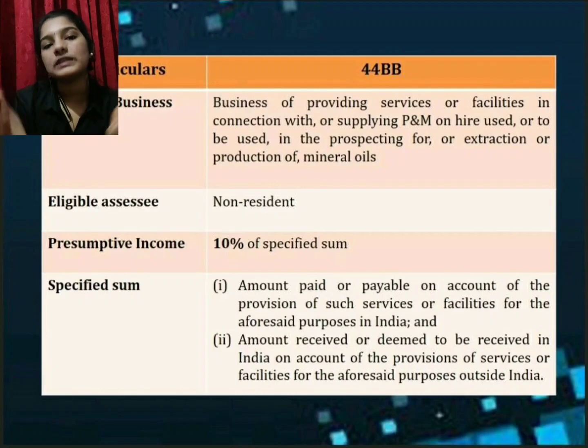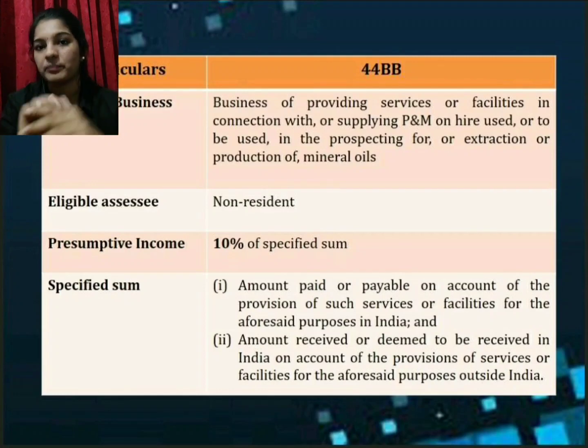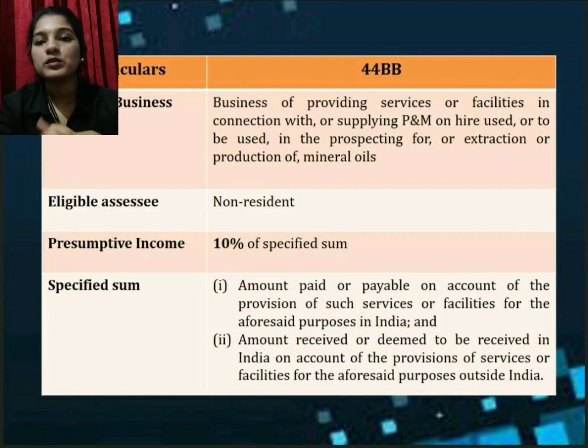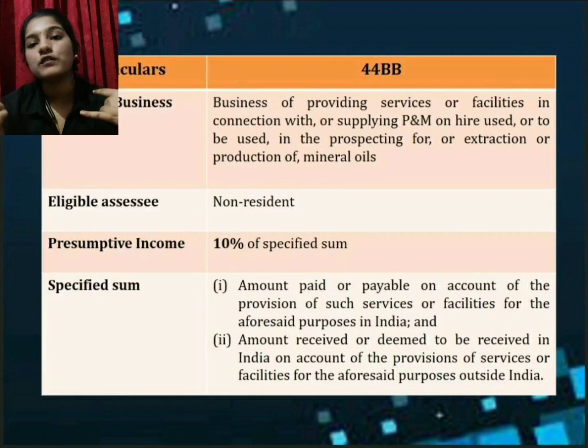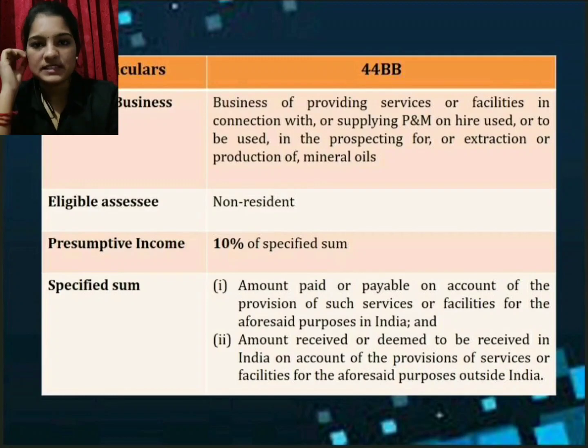So the total of these amounts is the specified sum, and 10% of the specified sum is the presumptive income. On this income, the normal tax rate which is applicable for the non-residents is applied. Okay, so for 44B it was 7.5%, 44BBA it was 5%, and now 44BB it is 10% of the specified sum.